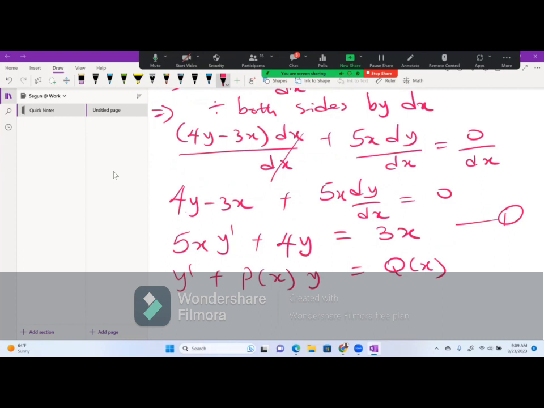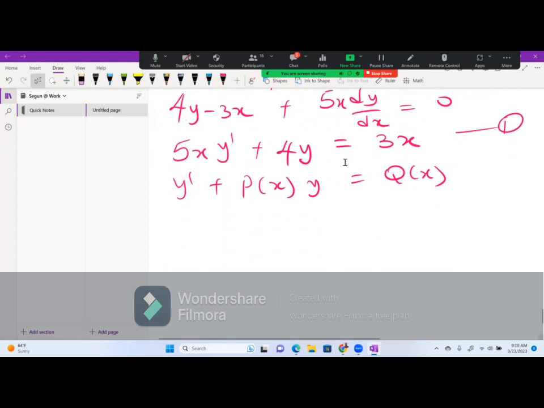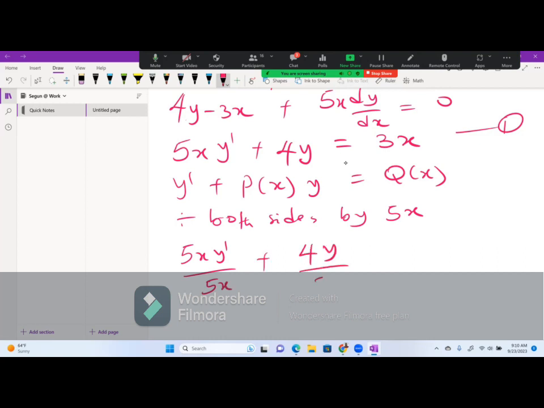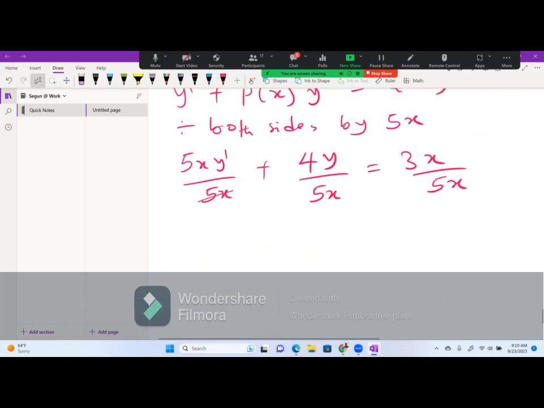Now, what we need to do, remember, we still need y prime alone. So what we do is divide both sides by 5x. If you divide both sides by 5x, I have 5x y prime over 5x plus 4y over 5x equals 3x over 5x. At the end of the day, this cancels this.